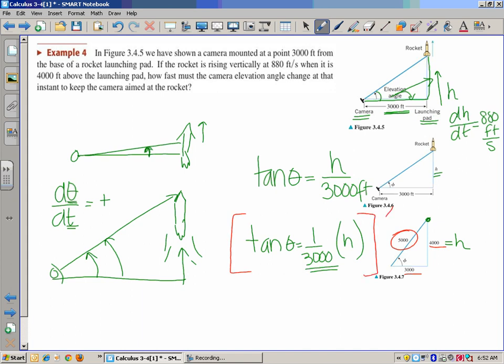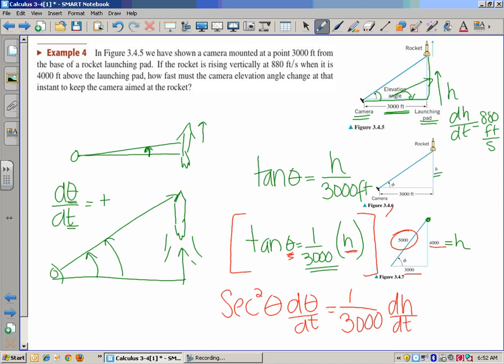So the derivative of tangent is secant squared theta. Chain rule, d theta dt, is equal to 1 over the constant stays. Derivative of this is dh dt.